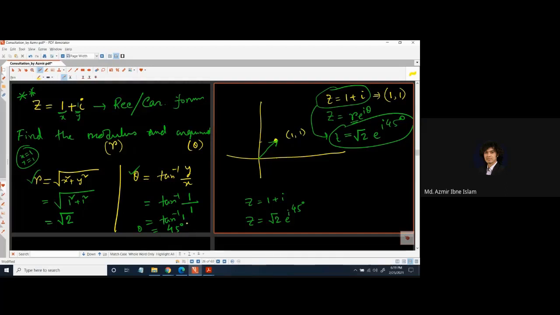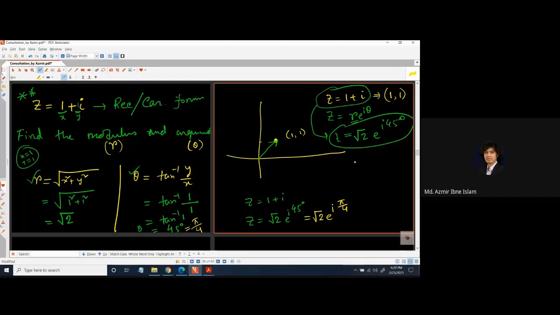In complex variable, we don't use the degree form, so I suggest you convert the argument to radian form. So 45 degree is pi by 4, so we can also write root over 2 e to the power i pi over 4.